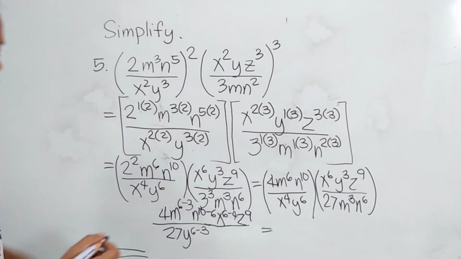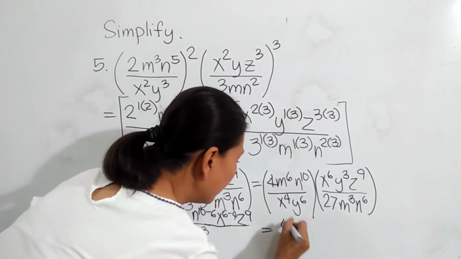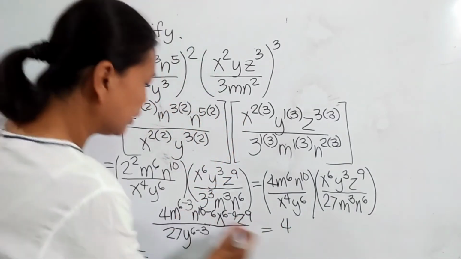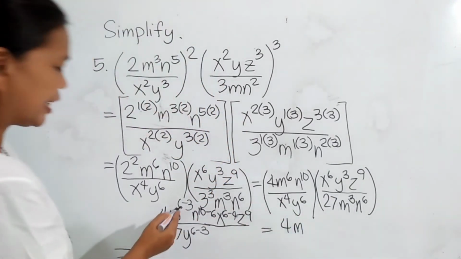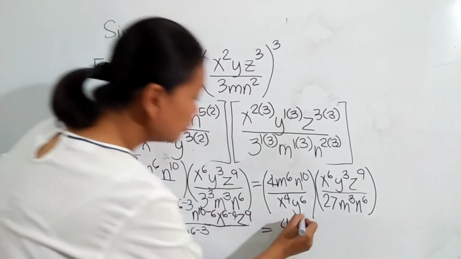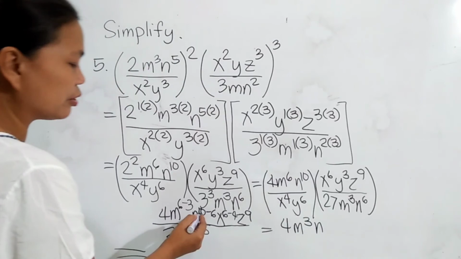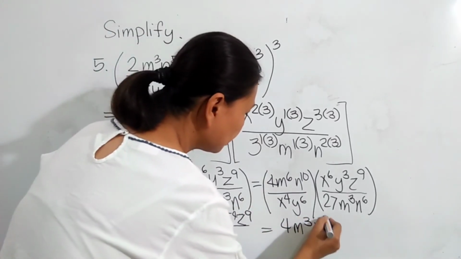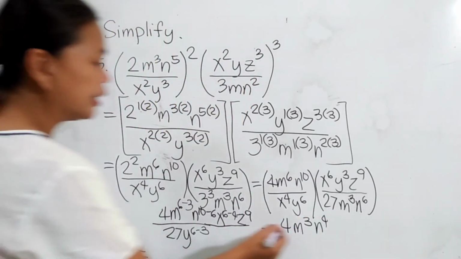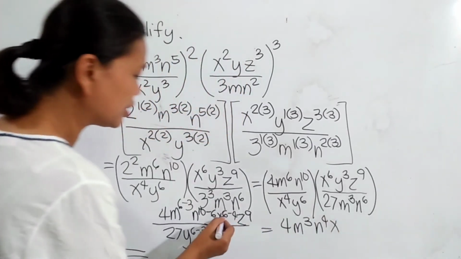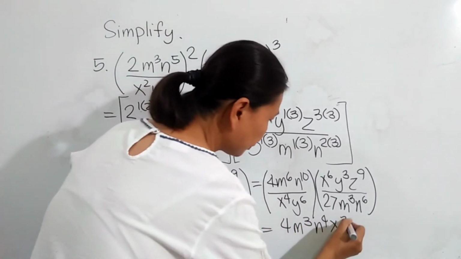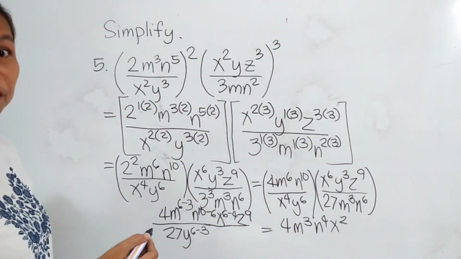Then let us simplify. So we have here 4, m raised to 6 minus 3, so we have here 3. Then we have here n raised to 10 minus 6, so we have 4. Then we have here x raised to 6 minus 4, so we have 2.